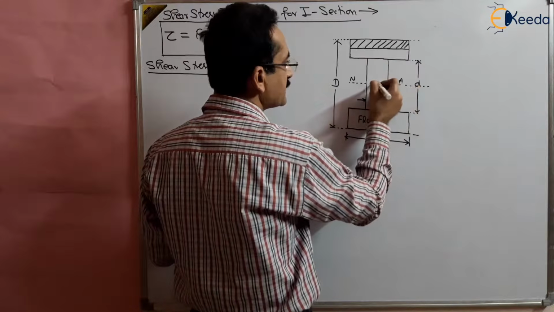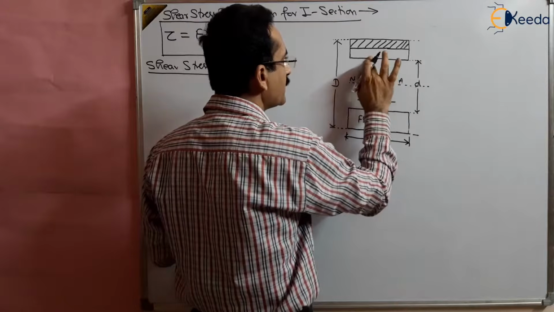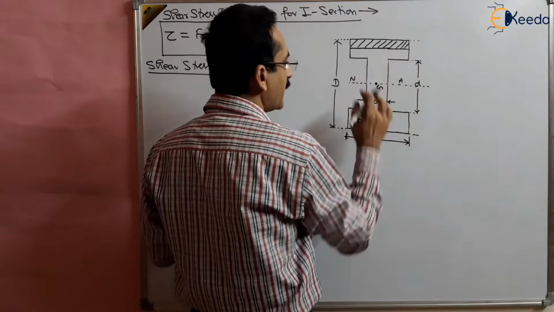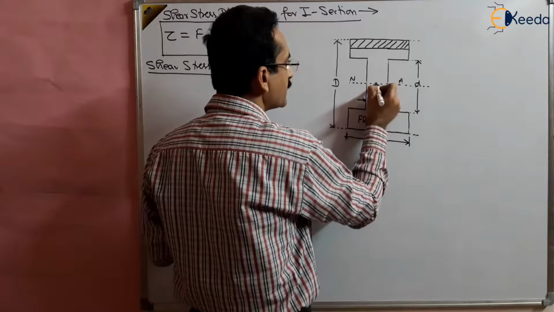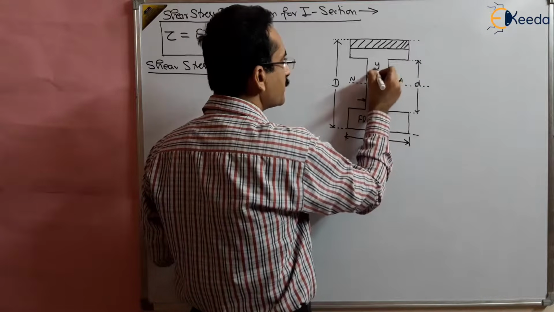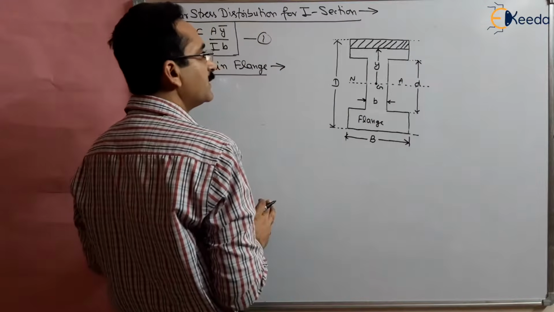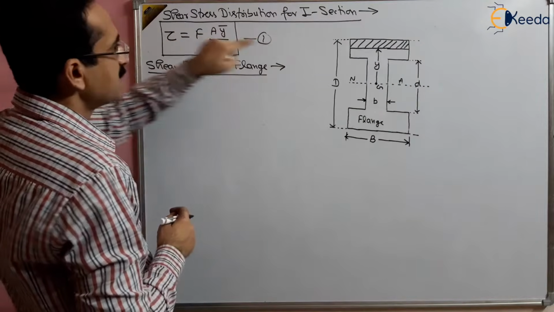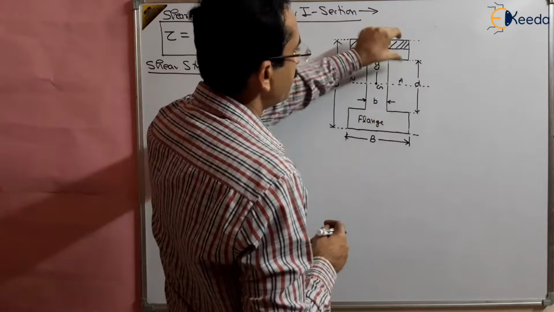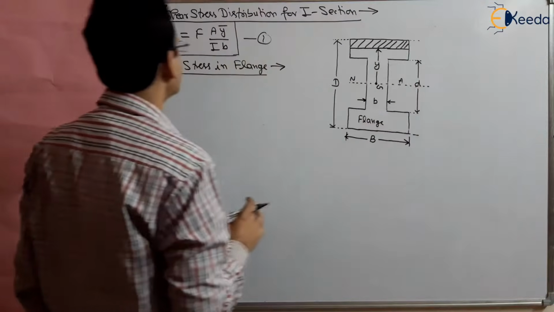This is our neutral axis, the center of gravity or centroid, and from here at a distance of y we are taking a strip. We have to find the shear stress in this strip, and that will be valid for the flange section, right?